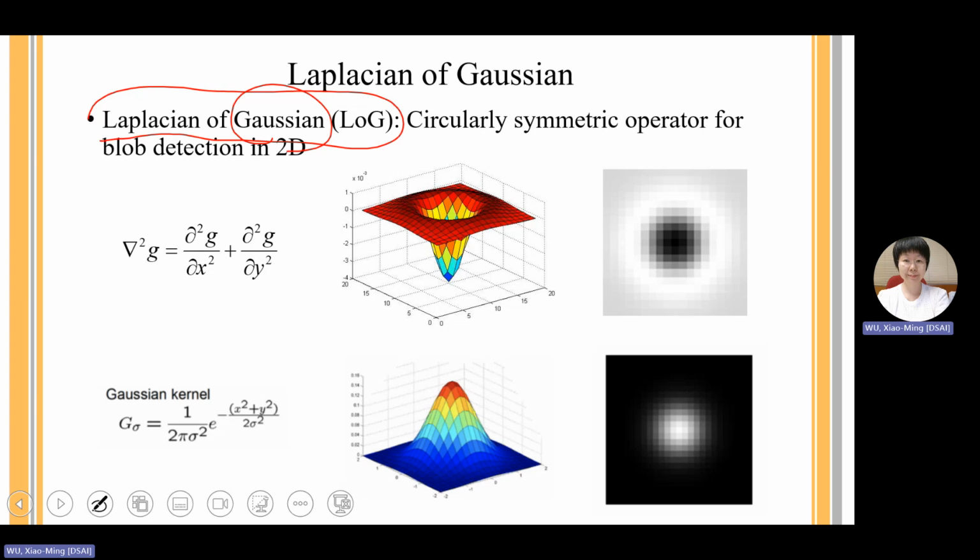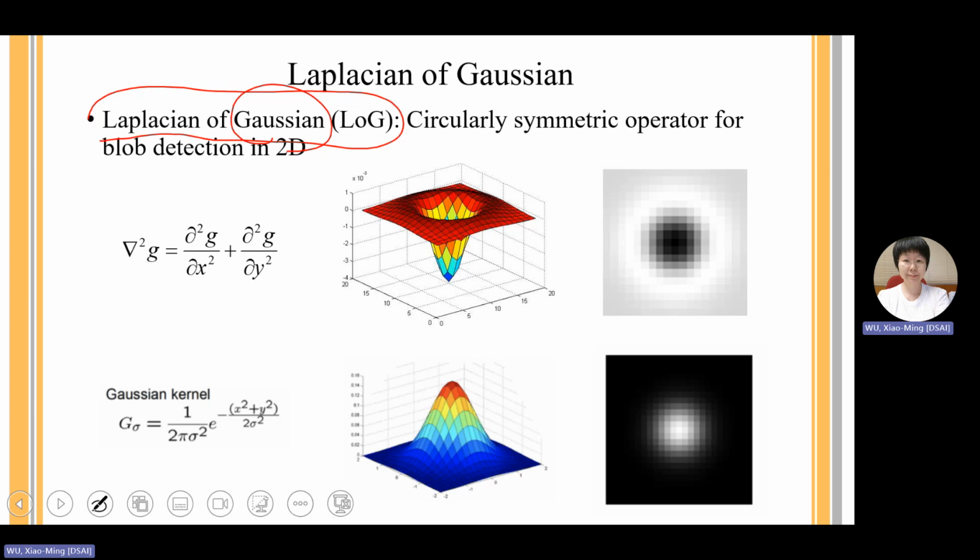We can apply a Gaussian filter for smoothing. Then we can apply derivative of Gaussian for what? For edge detection. Now we apply Laplacian of Gaussian for blob detection. So the Gaussian function is magical.